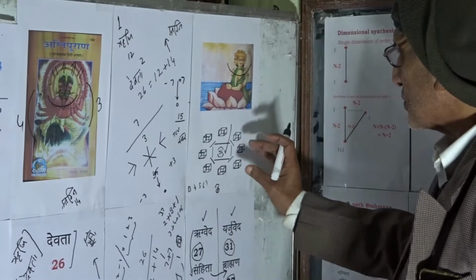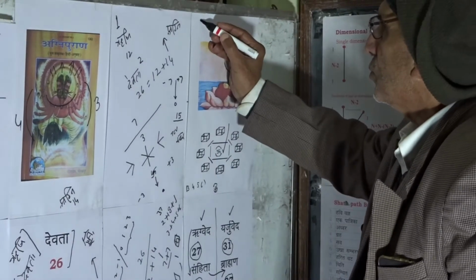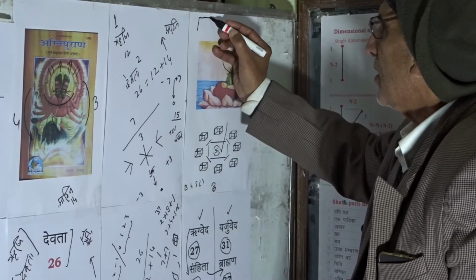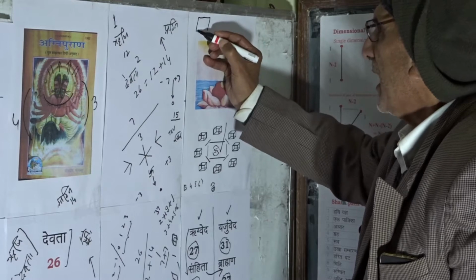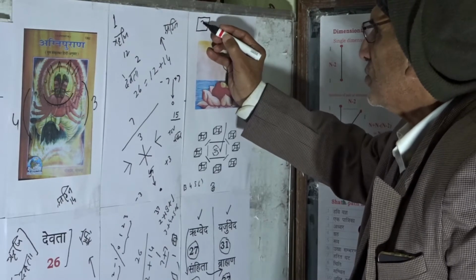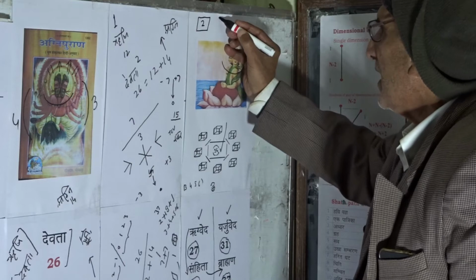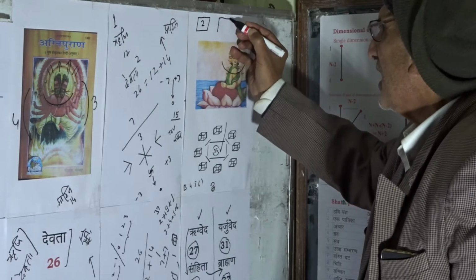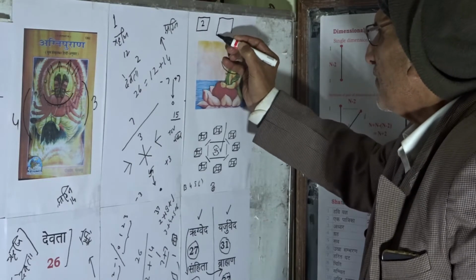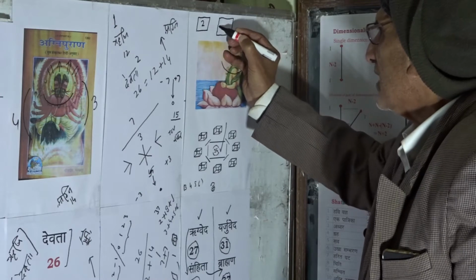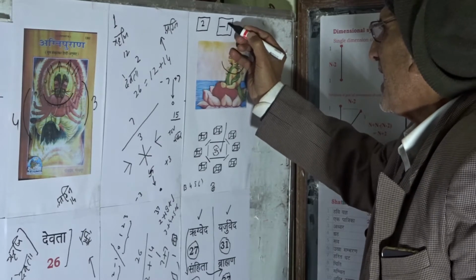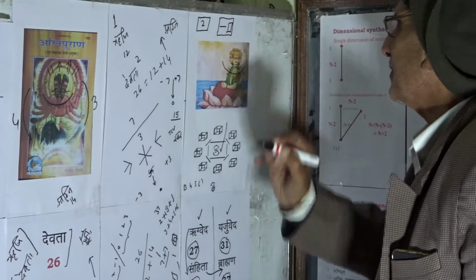Now within a 4 space, we know 2 space is playing the role of a dimension, and this value 2, if we see, if there is a surface, then within a surface we can have a line as well as a plane.